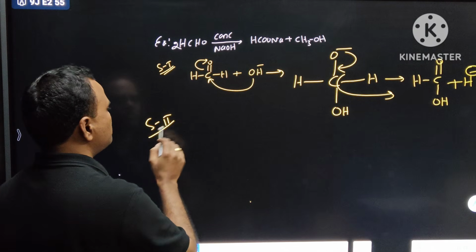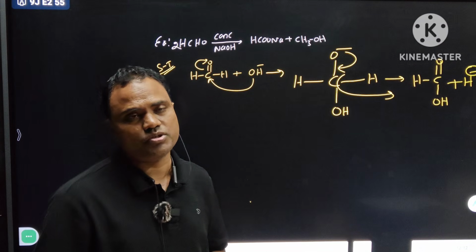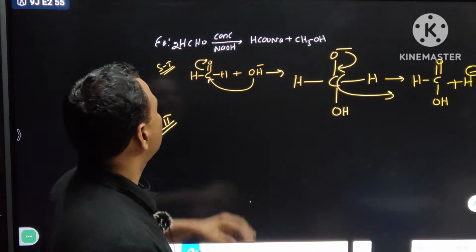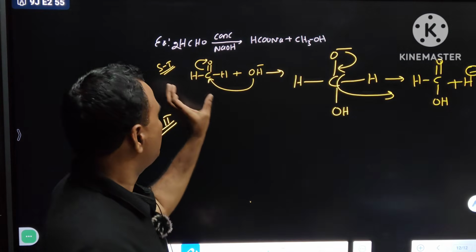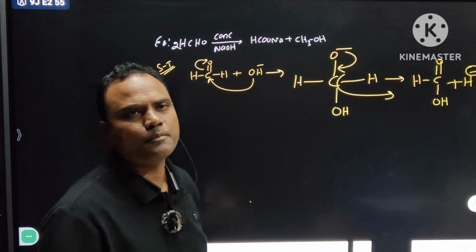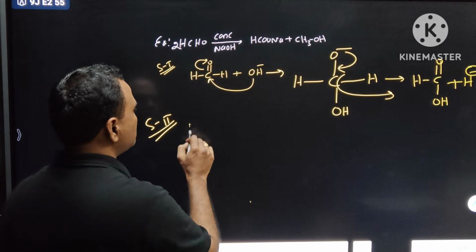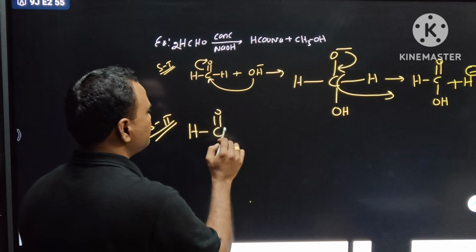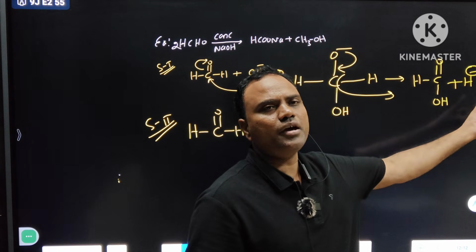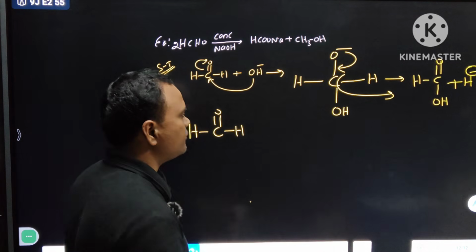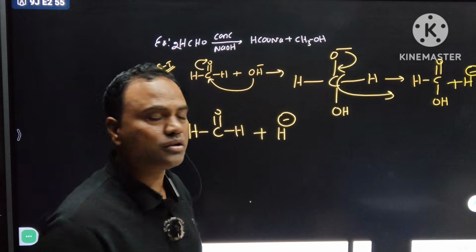Step 2 is very, very important. That is the rate determining step. Initially we took 2 formaldehydes. One aldehyde is attacked by the nucleophile. Next I am taking the second aldehyde. On the second aldehyde, the formed hydride ion will attack. This step is called hydride ion transfer.